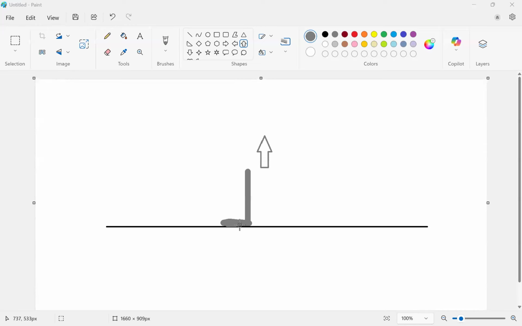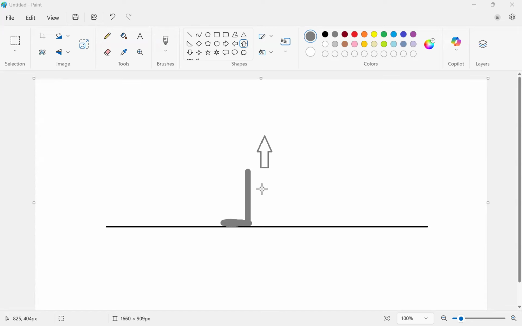This one is pretty straightforward. Again, we have a chain on the ground. We're lifting it straight up. Think of a crane holding on to this, or some other type of object holding on to this, and I'm trying to lift it up. Some of it is going to be on the ground. There's a relationship between how much is in the air and how much is on the ground.